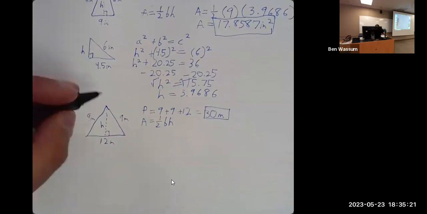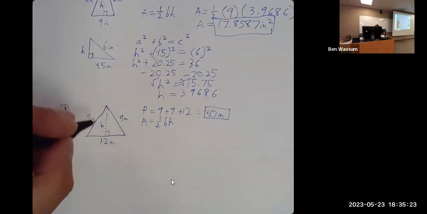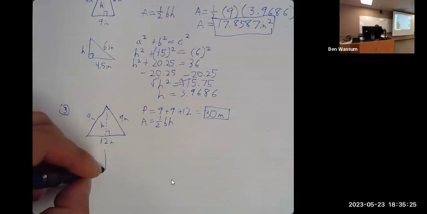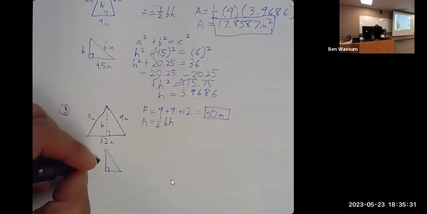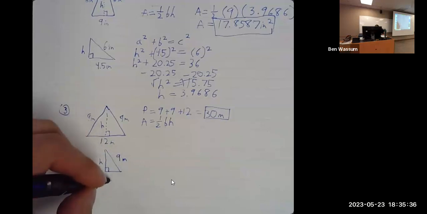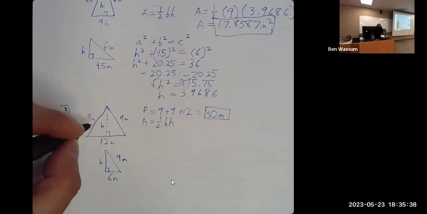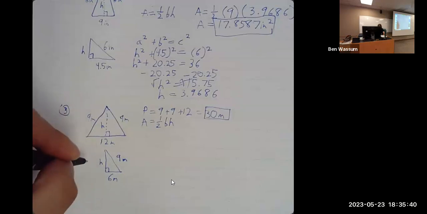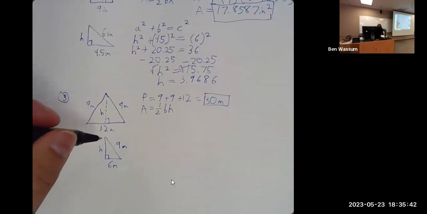We don't have enough information for that right now. So what we can do is take half of that triangle as a right triangle, and then use the Pythagorean theorem to figure out what the height is.